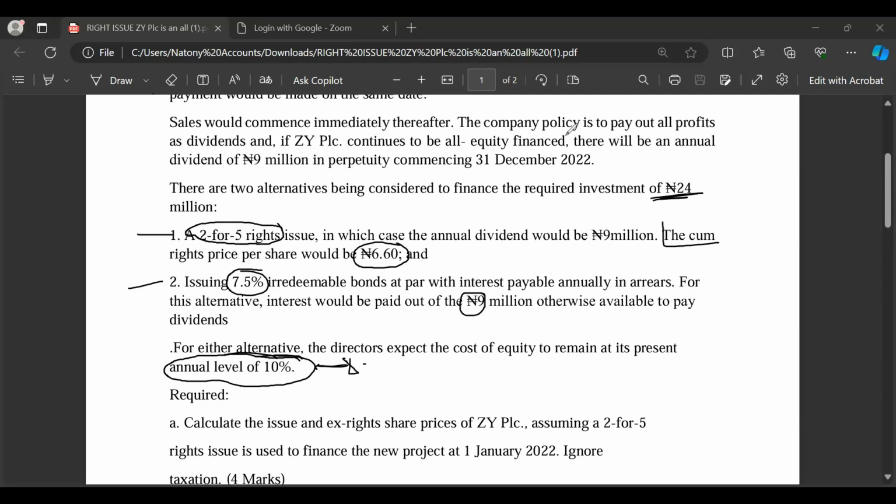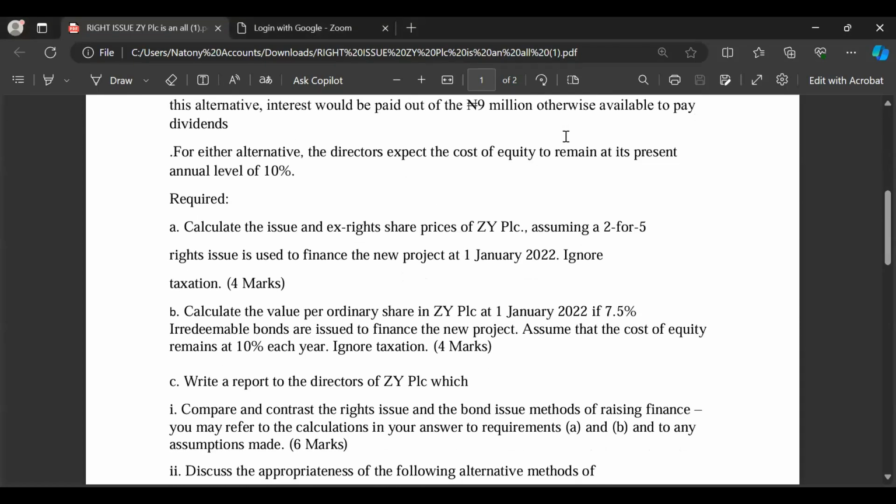Let's continue. Required. So what is the requirement? A, calculate the issue and ex-rights share price.